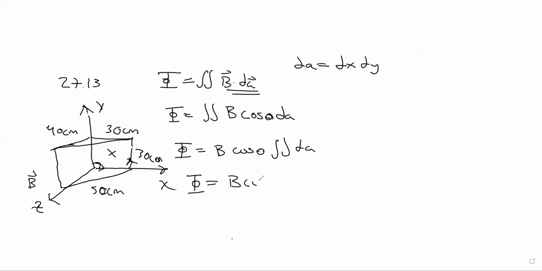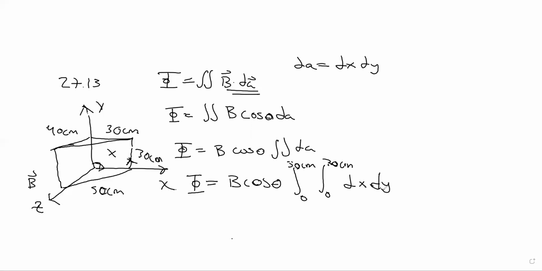So we can keep on setting this integral. This is not necessary, but I just want to show you, guys, where this is coming from. All right. So we're going from 0 to 30 centimeters, 0 to 30 centimeters. This is dx dy. Beautiful. And now this is just the area.